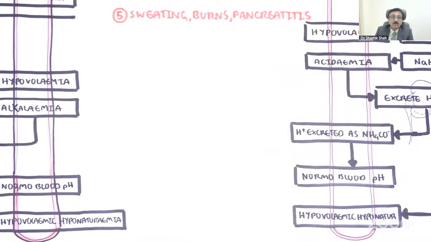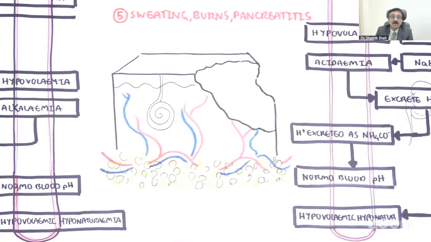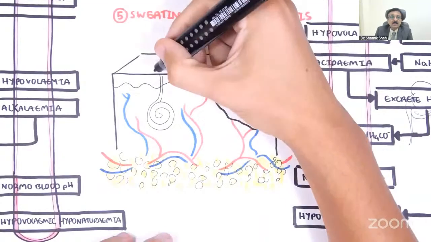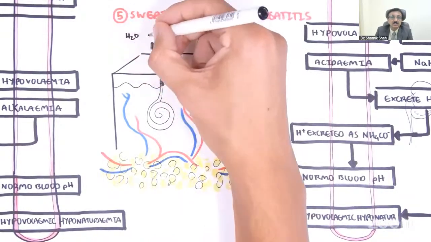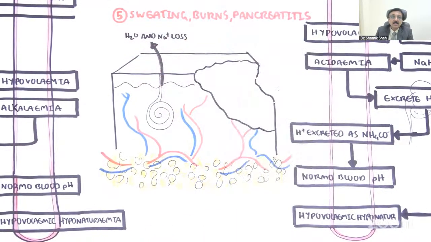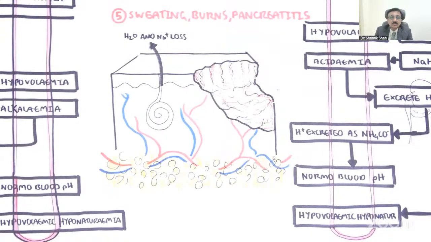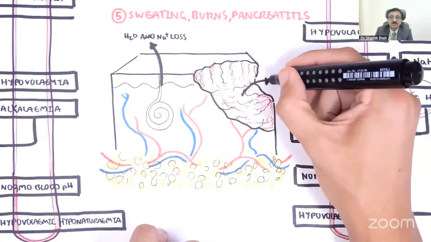The last important causes of hypovolemic hyponatremia are sweating, burns, and pancreatitis. Right? In sweating, we know that there is a direct loss of water through the sweat glands, and along with this water, the sodium is also lost.